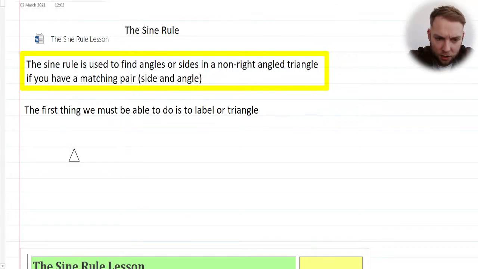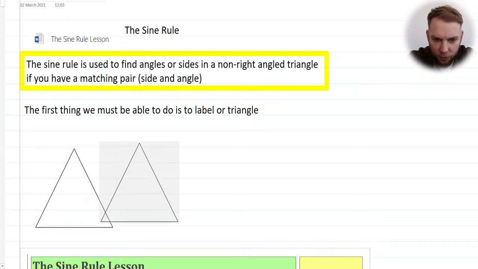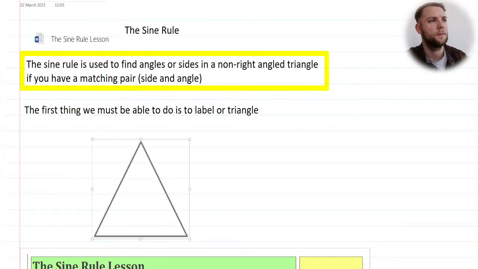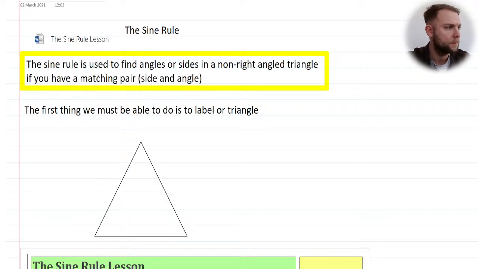So here I've got a triangle like so. It doesn't matter what that triangle is. Let's move it over a little bit here, just so I've got enough space. So there's our triangle. Now the way that we label this is it's always opposite to the angle, the side opposite to the angle, and the angle is always the capital letter, and the side is always a lowercase letter.